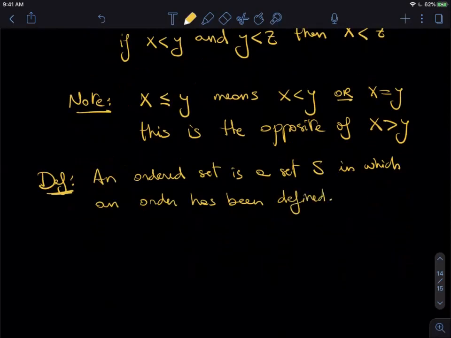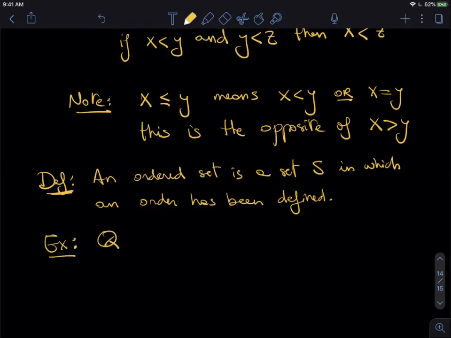So for example, well, probably you are thinking the same example as me. You could say the rational numbers.